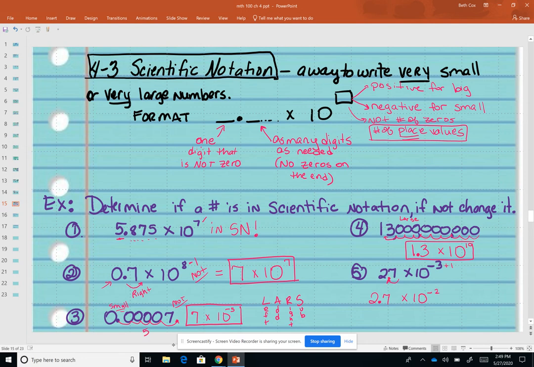So it would be negative 2. Now the large/small thing doesn't really work sometimes when you have numbers that are in standard form. This is not scientific. This one's not scientific. But when they're in standard form, this is standard form. So just be careful.